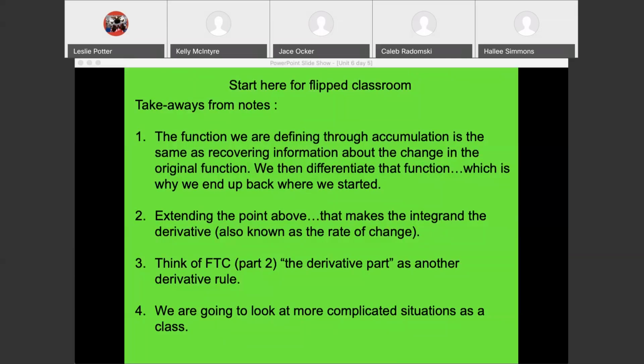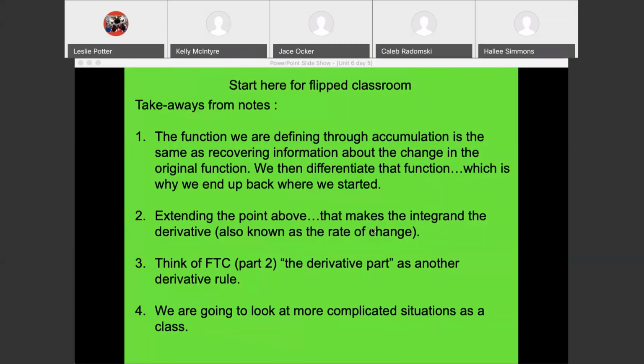So the idea is that we're still focused on this rate of change. And it's that integrand, it's the 2t. It's that integrand part of that statement. That's the rate of change. So we're still focused on that.